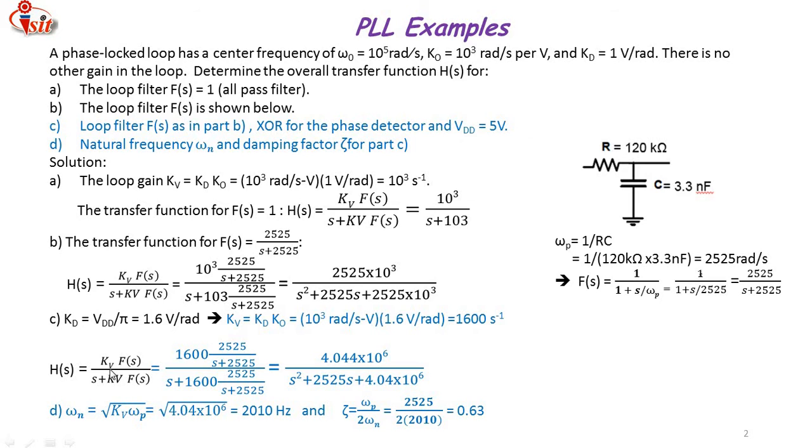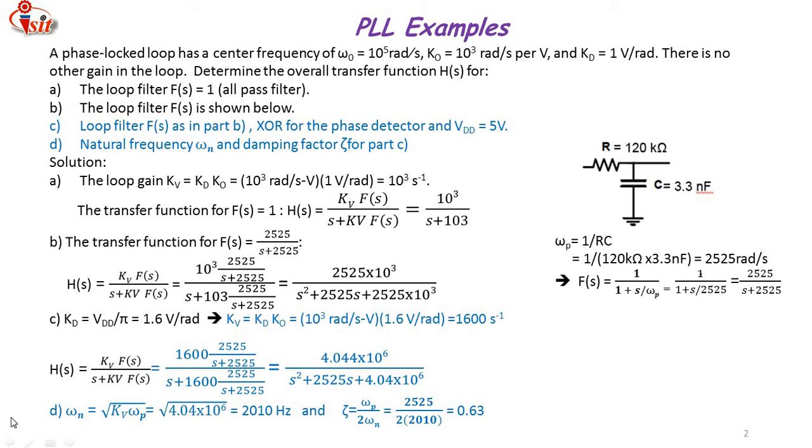Hs, the transfer function, is given by KVFs divided by s plus KVFs, which is 1600 multiplied by 2525 divided by s plus 2525, the whole factor divided by s plus 1600 multiplied by 2525 divided by s plus 2525, equal to 4.04 multiplied by 10 raised to 6 divided by s square plus 2525 s plus 4.04 multiplied by 10 raised to 6.